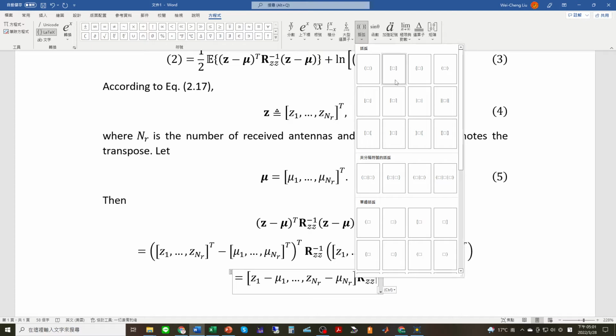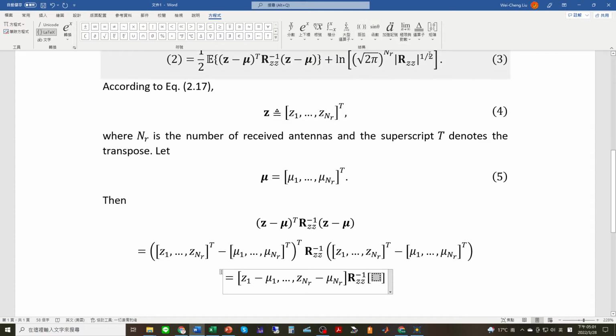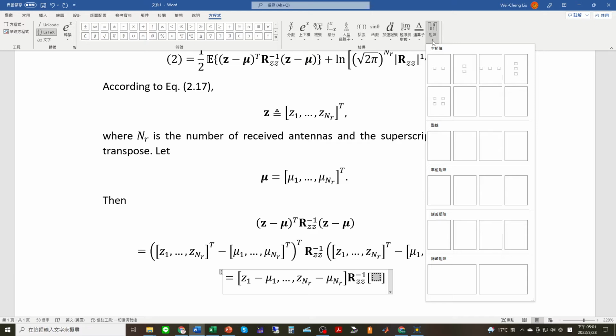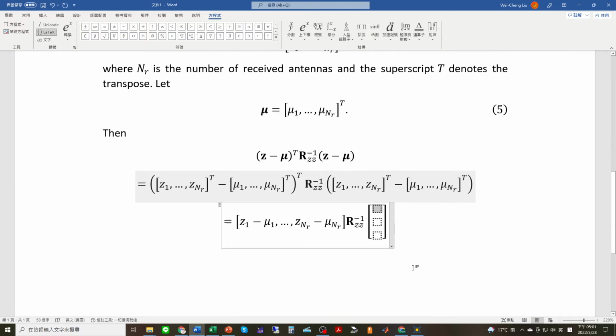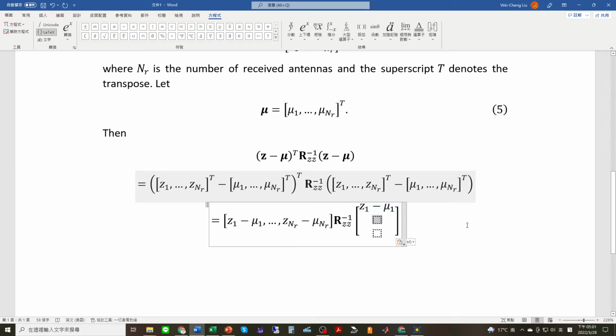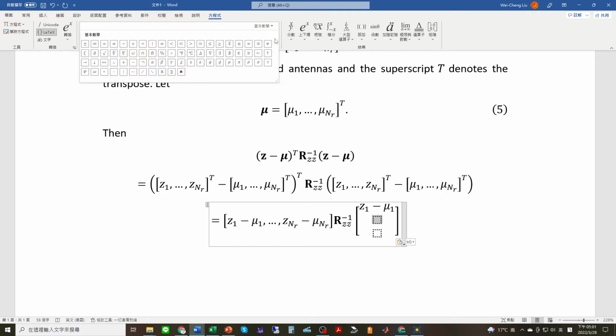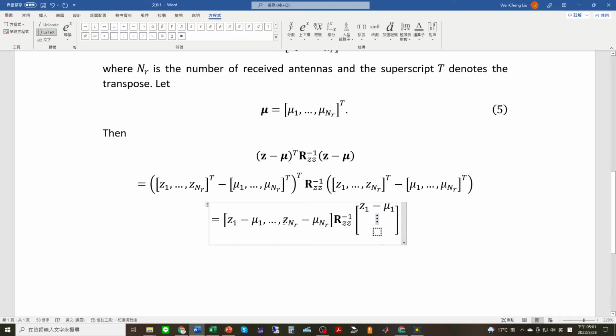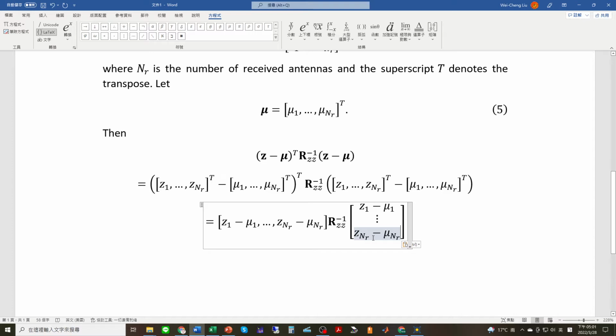Column vector, we need 3 elements. So the first element is equal to z1 minus mu1. And the second element is dots. Let's see where is the dots. Here. And the last element is znR minus mu nR.